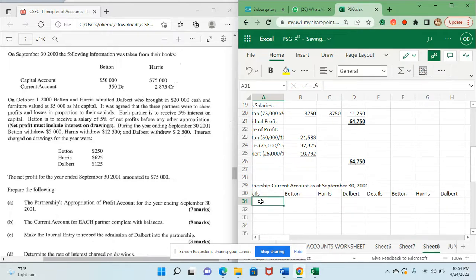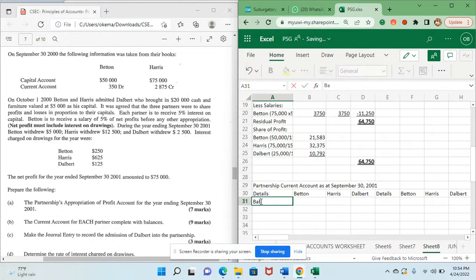So for the first one, our details would be our balance brought down, right? So did we have any balances remaining, being brought down from the first of the period? So on our debit side, which we know is separated into debit and credit, we have two items outside of our balance brought down. We have interest on drawings and we have drawings itself.